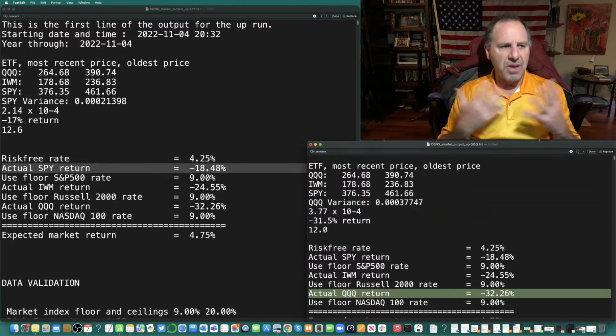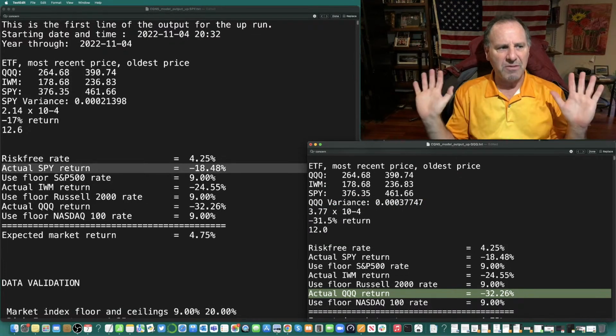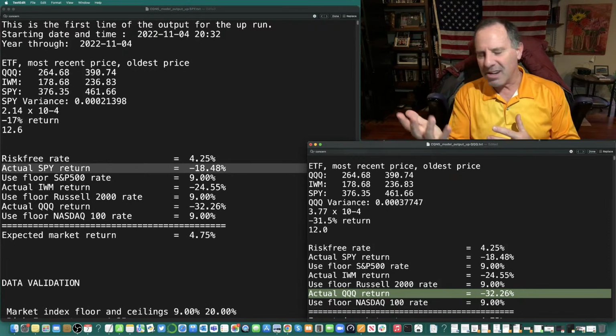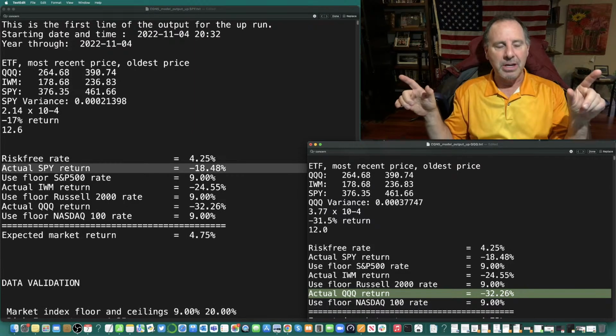Now you can think about what's in those indices, but there's a lot of overlap. And so one's more tech, one's more Main Street, but realistically, a lot of overlap, right?